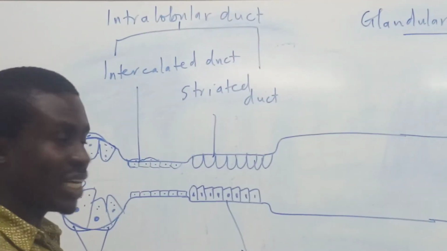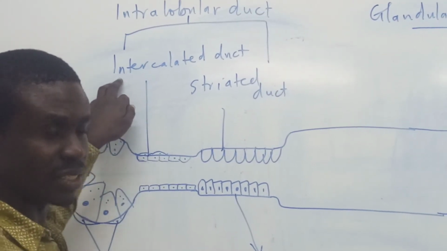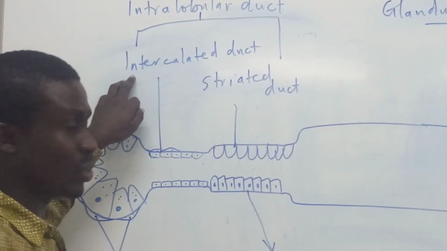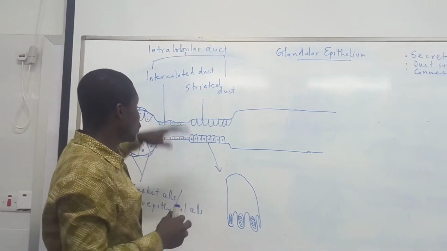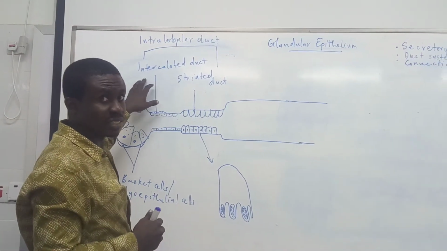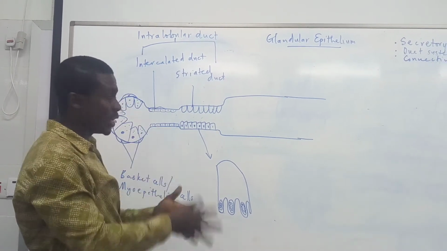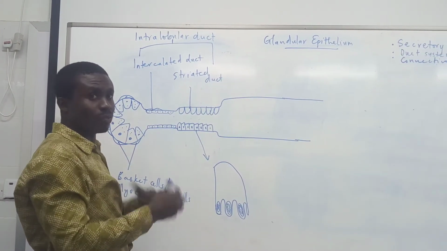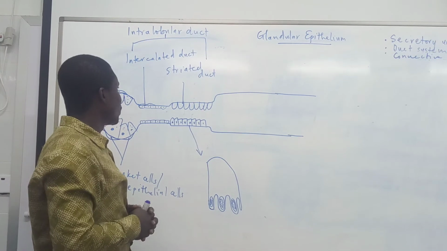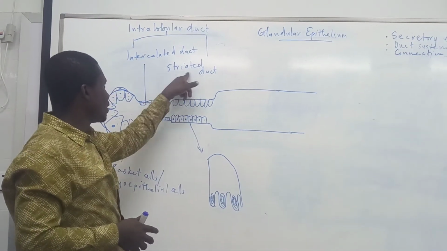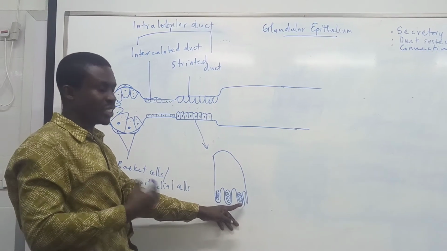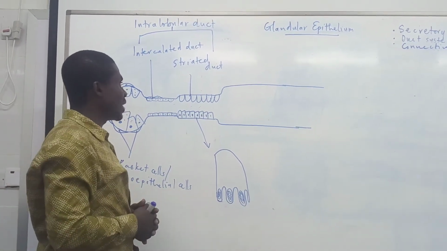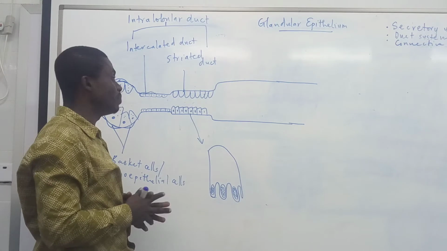Now, what it does is that it has carbonic anhydrase activity. Therefore, it secretes bicarbonate ions into the solution and reabsorbs chloride ions. Then when it gets to the striated duct, because of the high degree of mitochondria, it is going to generate a lot of energy, and it has what we call sodium potassium ATPase activity.